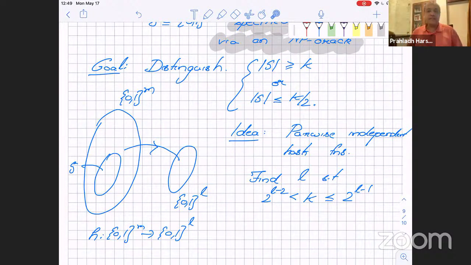Now, if S is large, because of pairwise independence, most of S gets mapped uniquely, and most elements in {0,1}^L will have a pre-image. If S is small, even if they all got mapped uniquely, the fraction of {0,1}^L that they can cover is only like k by 2, which is much, much smaller. Most elements will not have a pre-image. So this suggests the following very natural protocol.